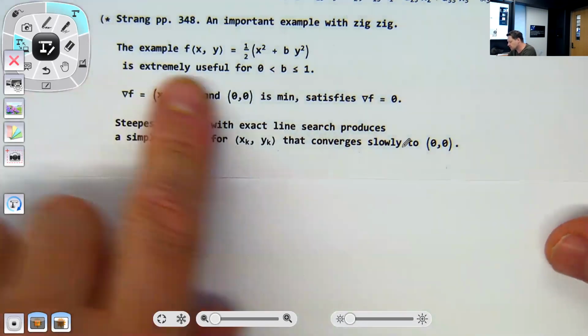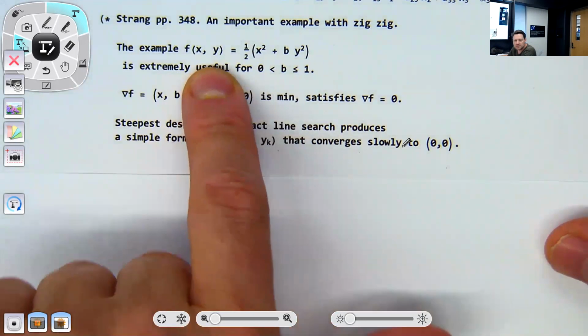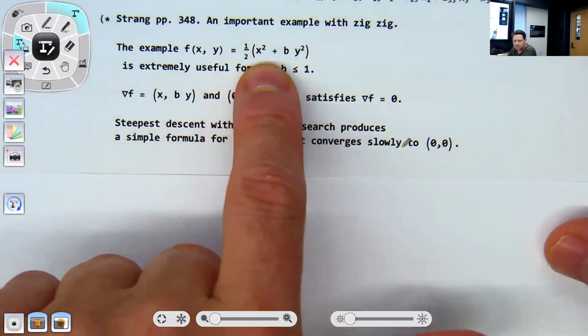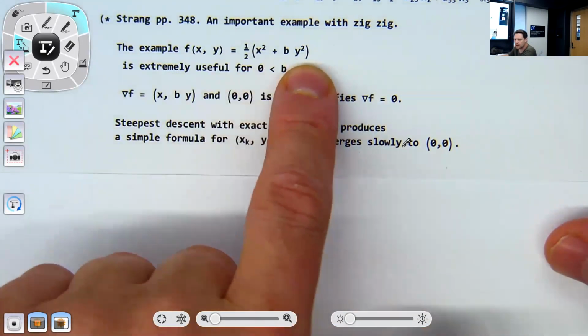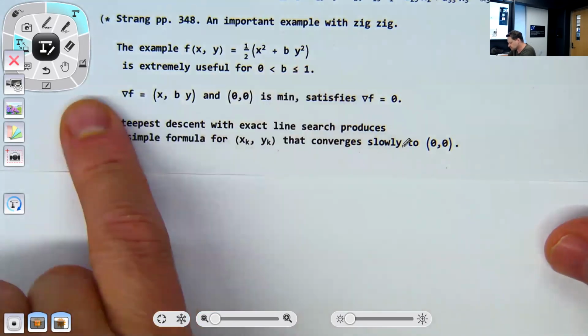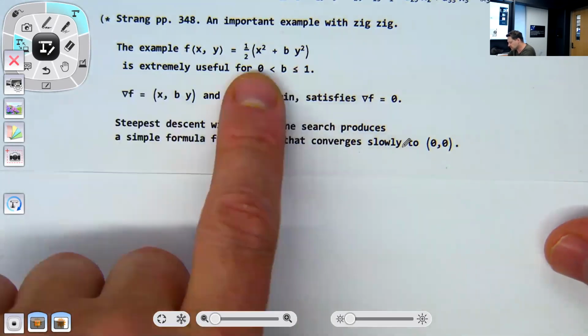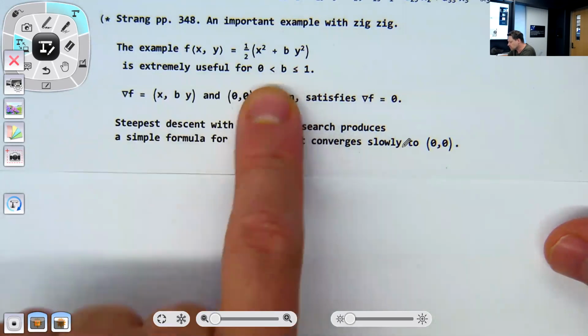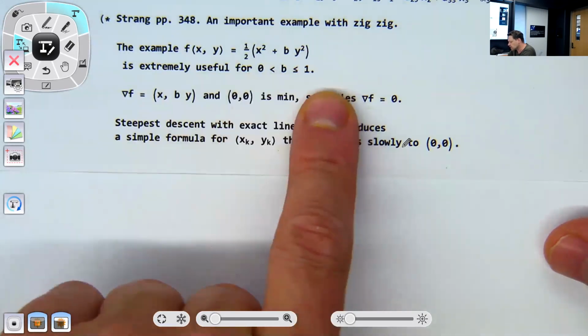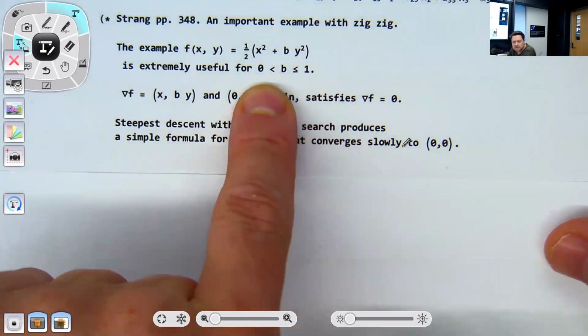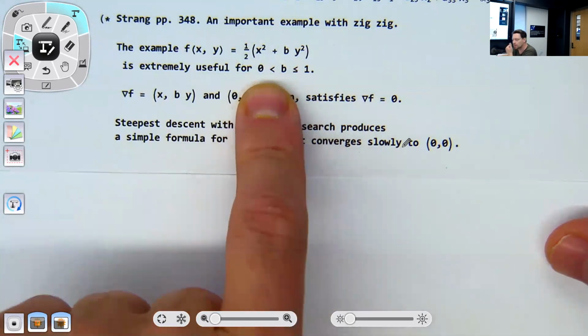Here we've got a very simple function: f of x and y is 1/2 (x squared plus b y squared). This function is extremely useful for b greater than 0 but less than or equal to 1.